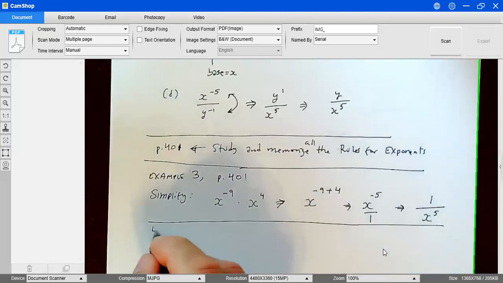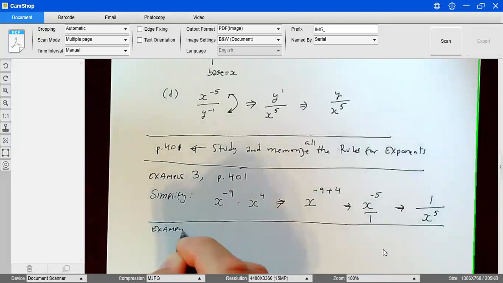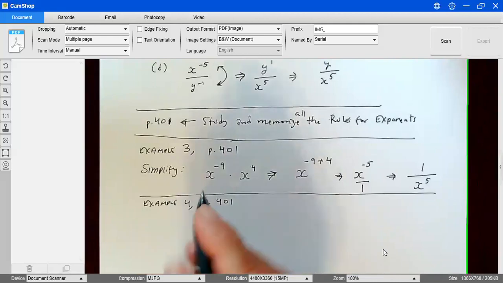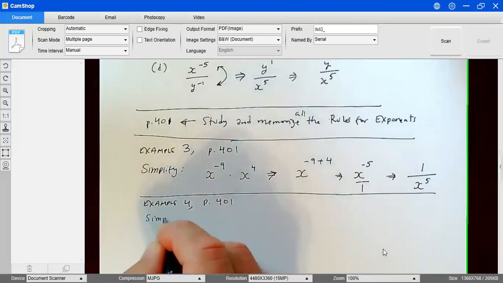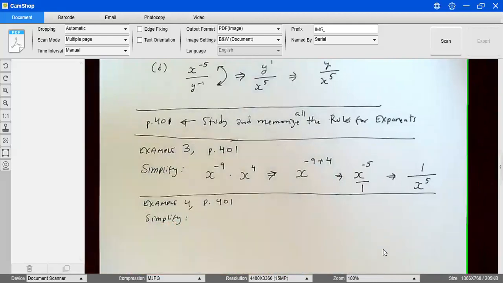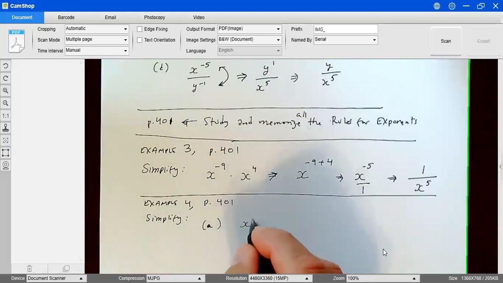Then we have example 4, page 401. So this is about more simplifying. Well, now we have 3 cases. We're going to start with x to the 4 over x to the 20th.